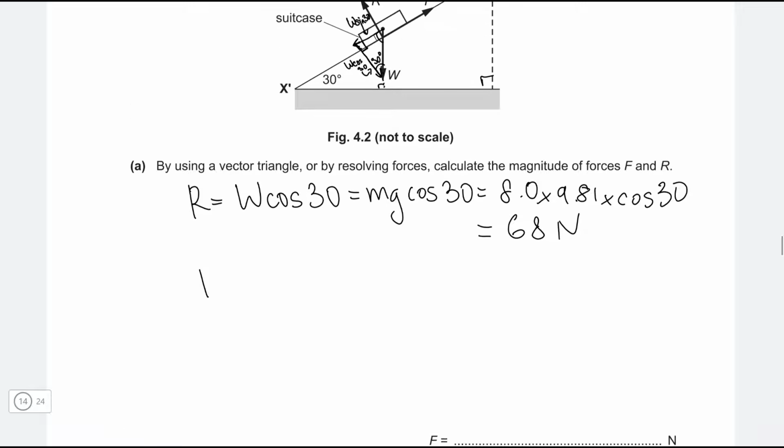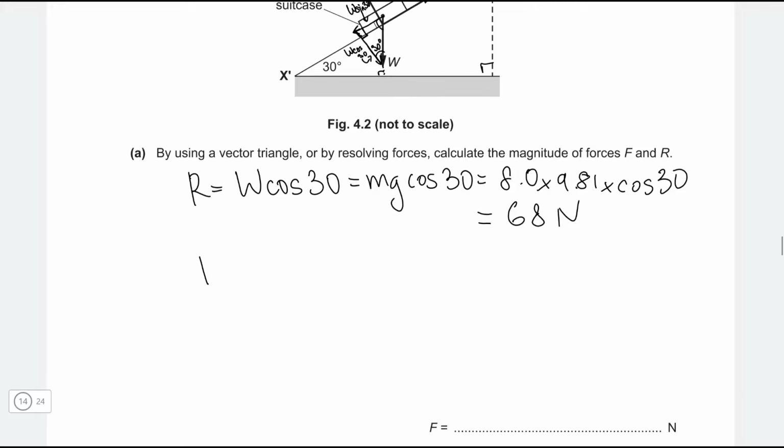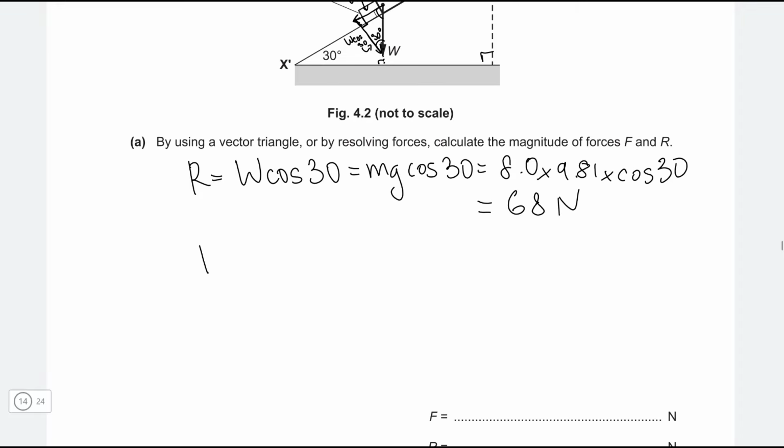Okay, now that we have the normal reaction, let's figure out the frictional force. F will just be the other component, so it's going to be W sine of 30, which is going to equal mg times the sine of 30.